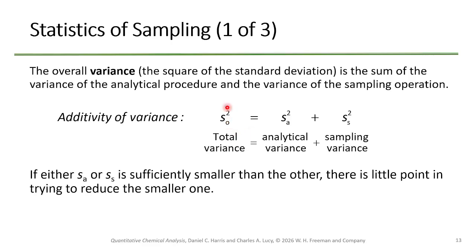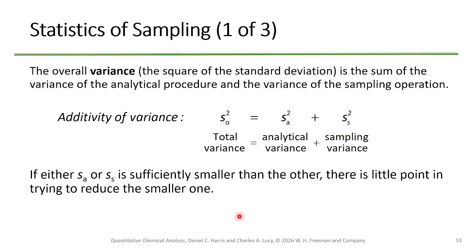Okay. And so our total variance here is S squared. That's going to equal the analytical variance, which is S squared with an A for analytical, plus the sampling variance, which is the standard deviation squared for sampling. Okay. And notice again, that would be the square root of standard deviation 1 squared plus standard deviation 2 squared, which is your additive variance.